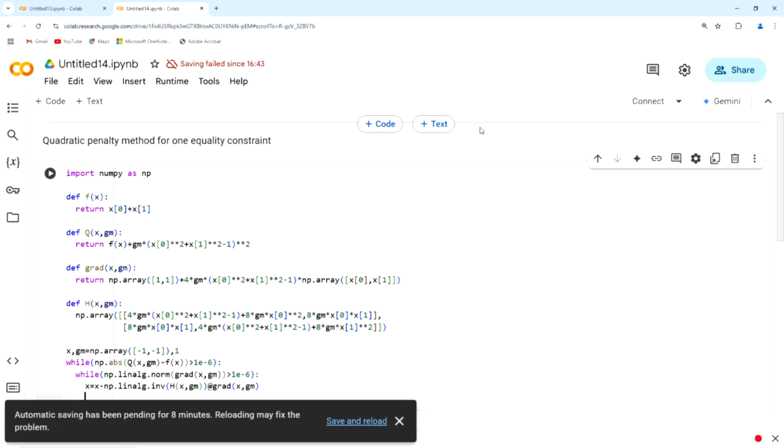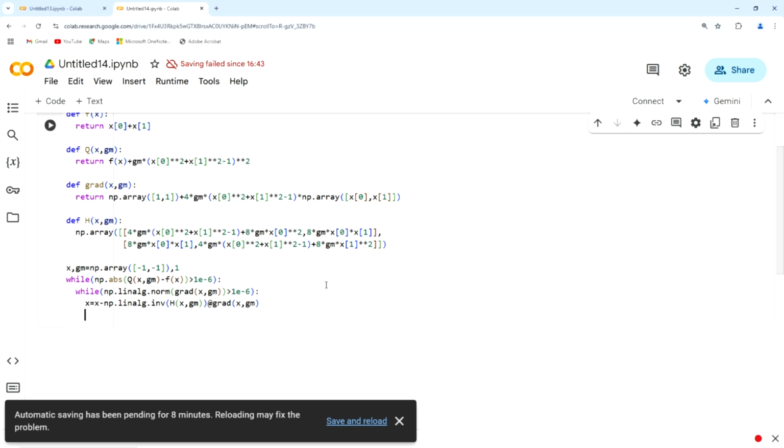So, that is okay, and maybe you can print the values in the inner loop, where you will have x of 0, x of 1 and the norm of grad of x comma gamma, and so this is the inner loop.